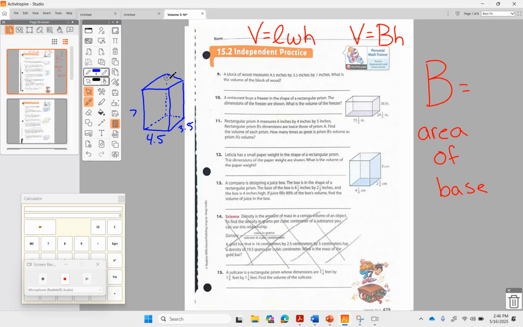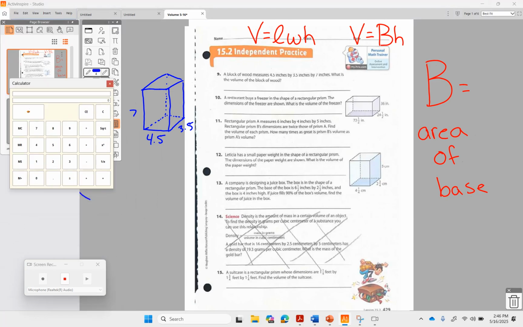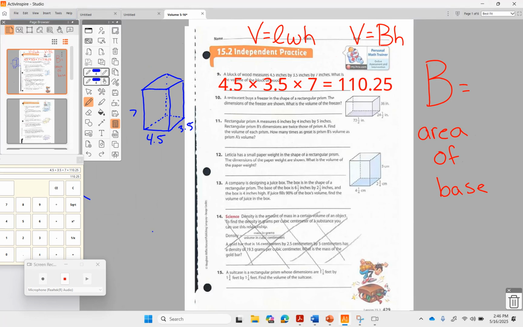So when I do the formula, length times width times height, yes, I am taking the 3 numbers, 4.5 times 3.5 times 7, and I get, oh yeah, now we're cooking with gas. I get that, okay? And Mrs. VB has been very adamant that in this case is inches cubed.